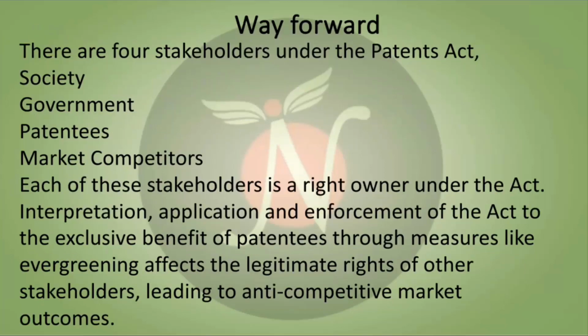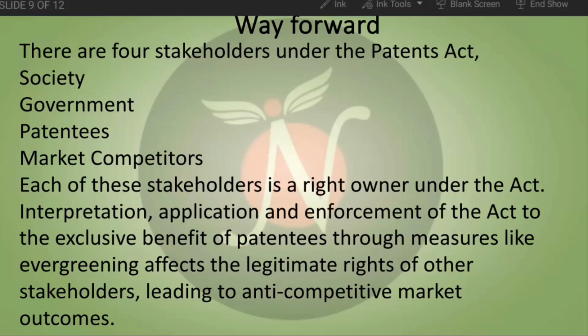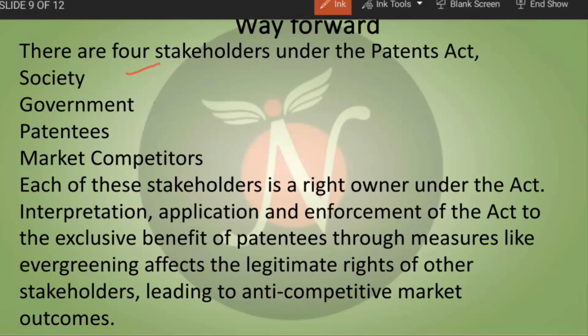What is the way forward? There are four stakeholders under the Patent Act: first is the society, then the government, patentees, and the market competitors. Each of these stakeholders is a right owner under the Act.